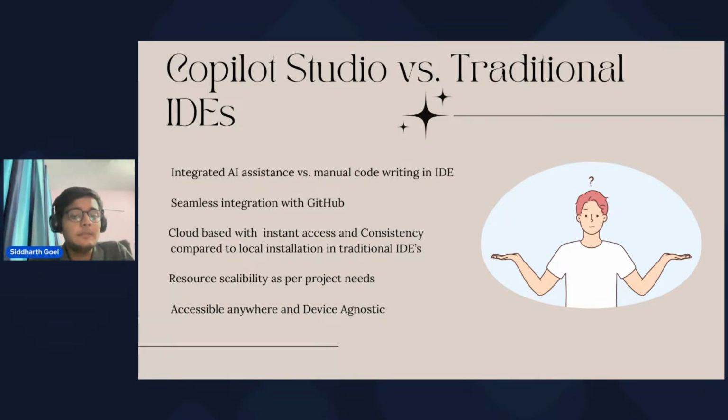What this basically means is, whenever you are developing your project, and let's say you need a lot of dependencies, if you're working with Copilot Studio, you need to install them once, and you can work on various machines having those dependencies with you all the time, and you need to set up your project only once.